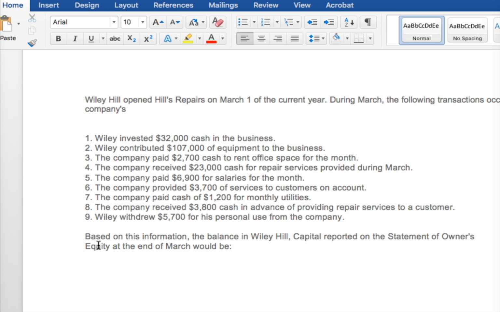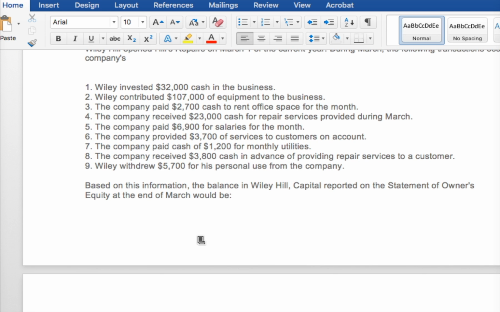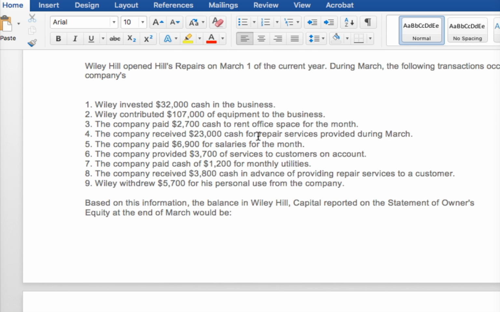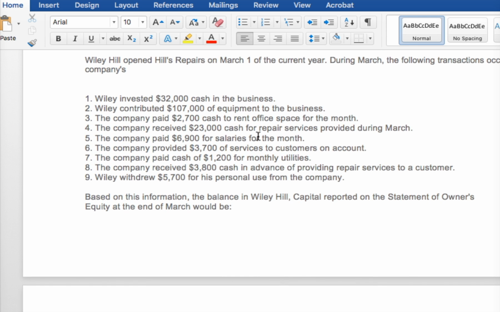So we want to go through each of these categories and see which of these categories would have affected his or her, I guess it could be a her, capital account.